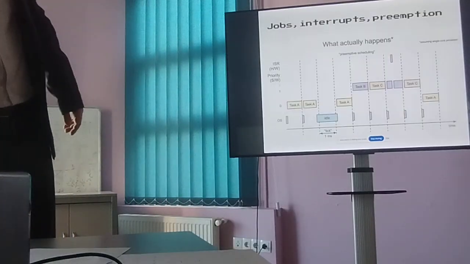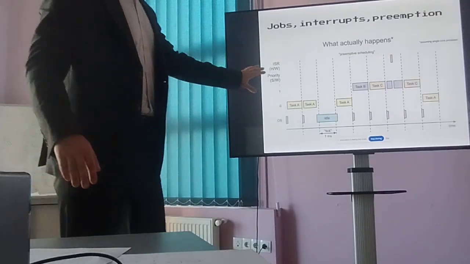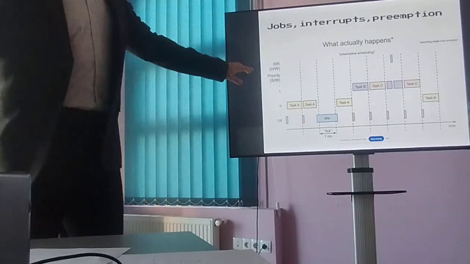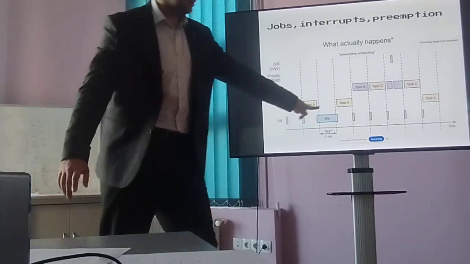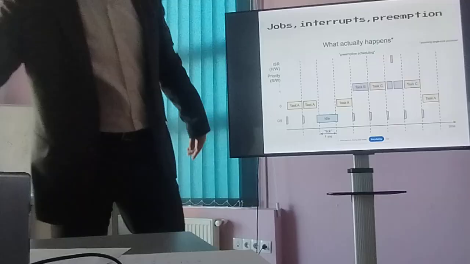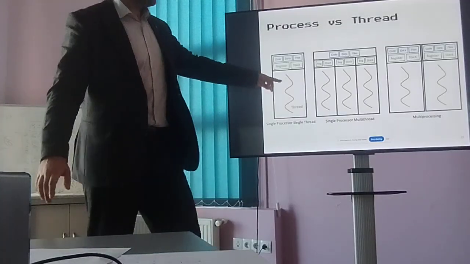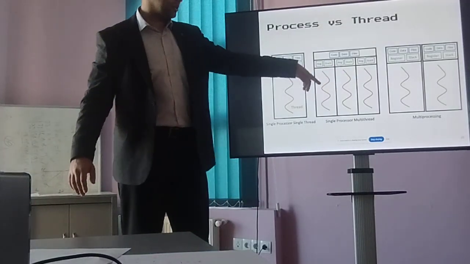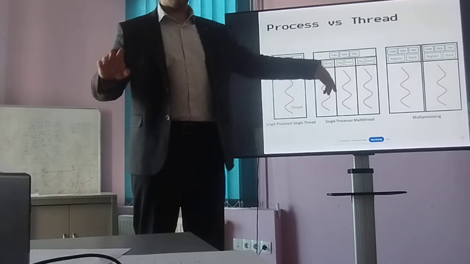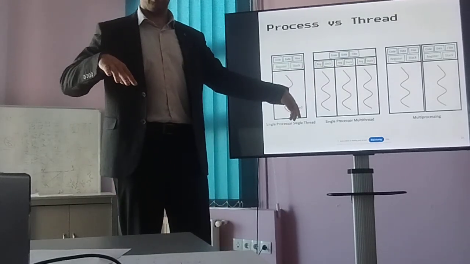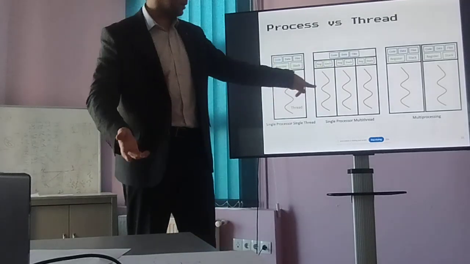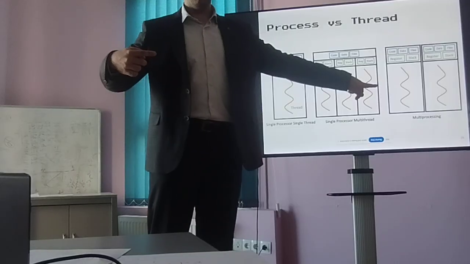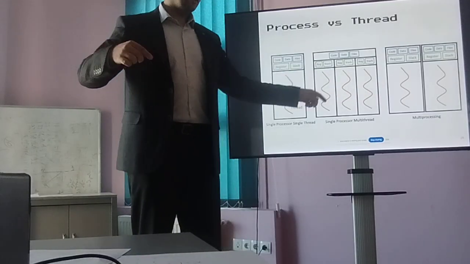Because that's not fair, because we also have multiprocessing. So we can have multiple processes running in parallel, but not more than the CPU count. For example, if we have 8 CPUs, we can have 8 threads running simultaneously, but no more than that.